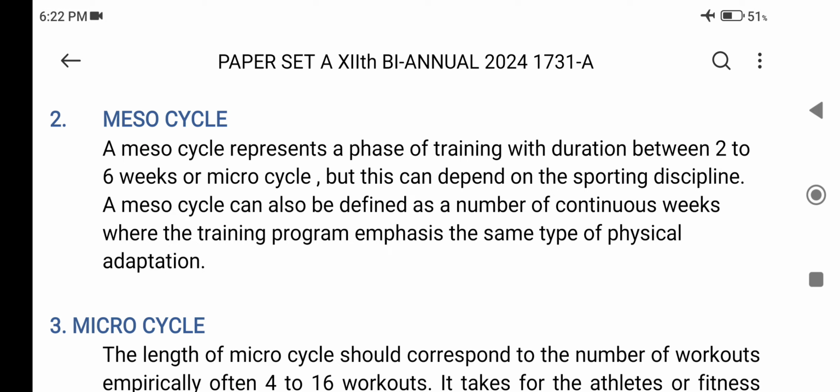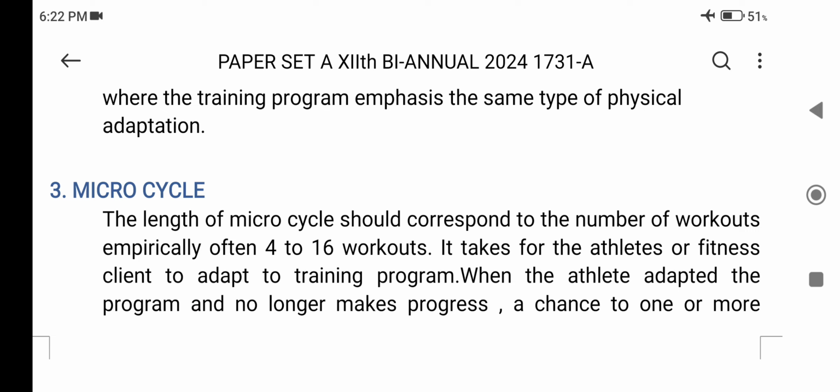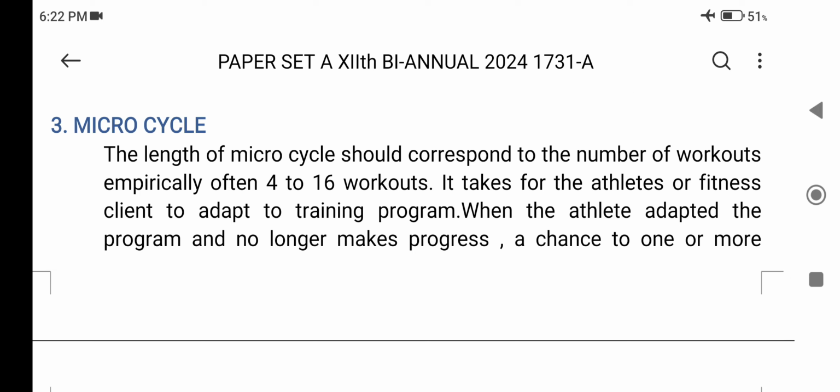A mesocycle represents a phase of training with a duration between 2 to 6 weeks or microcycles. This can depend on the sporting disciplines. A mesocycle can also be defined as a number of continuous weeks where the training program emphasizes the same type of physical adaptation. Number 3, microcycle.